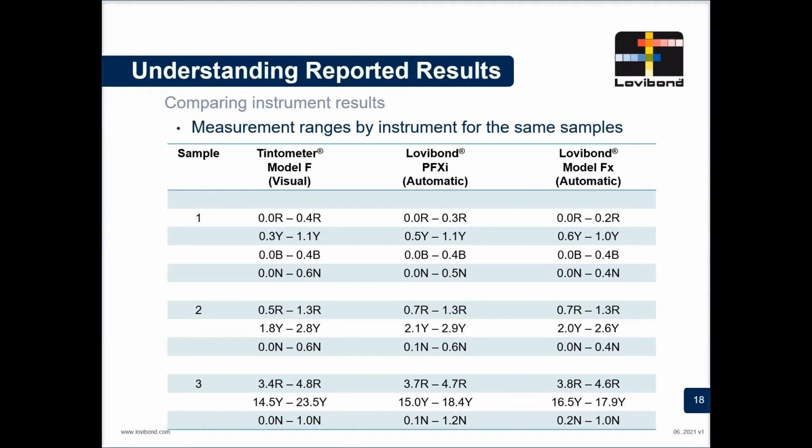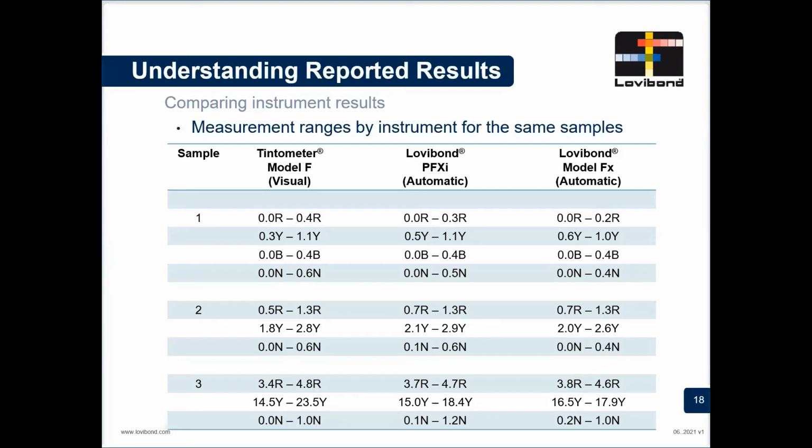So I might expect my red to vary from 0 to 0.4 on a visual, maybe a little bit less on an automatic instrument. So to try and put into context what my repeatability would be across the different instruments.